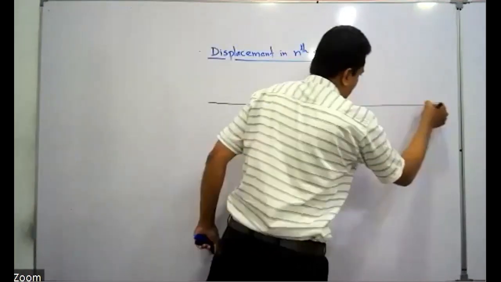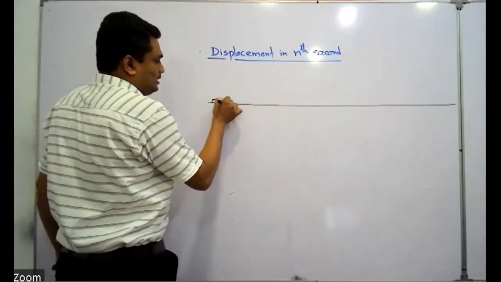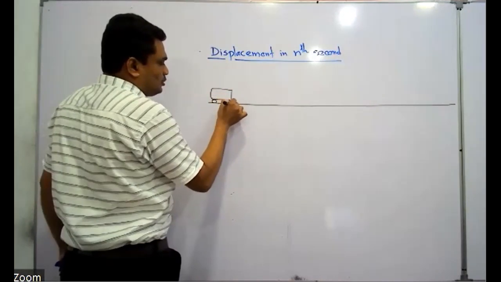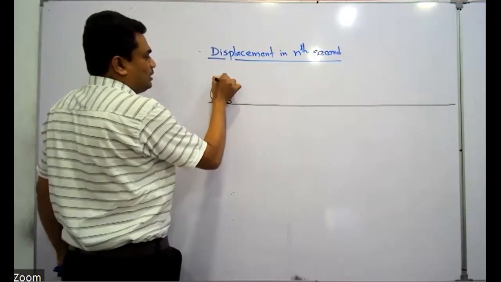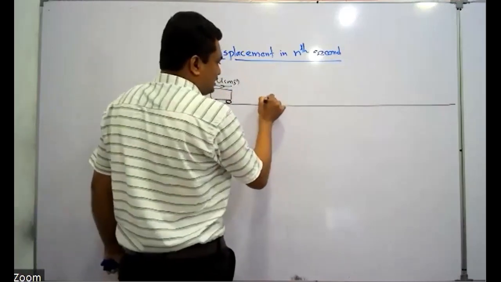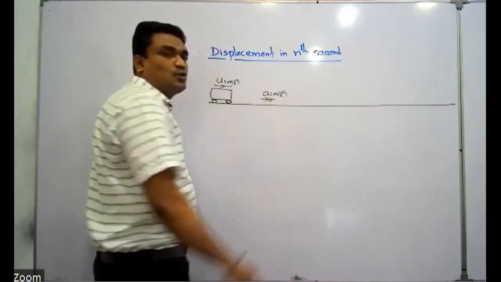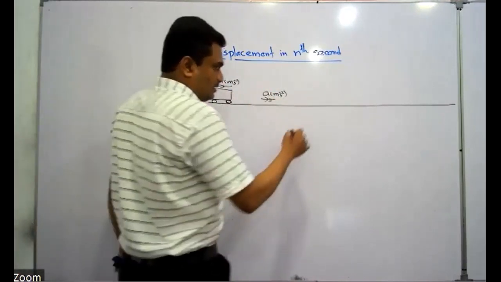Let's say this object starts to move with the velocity of u meter per second. Its acceleration is a meter per square second.